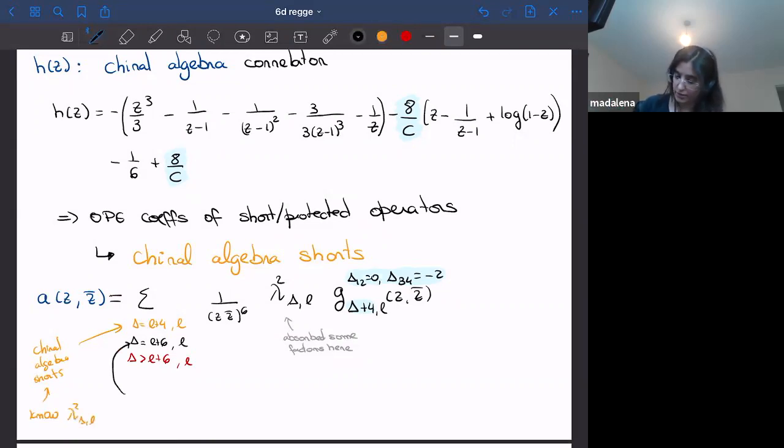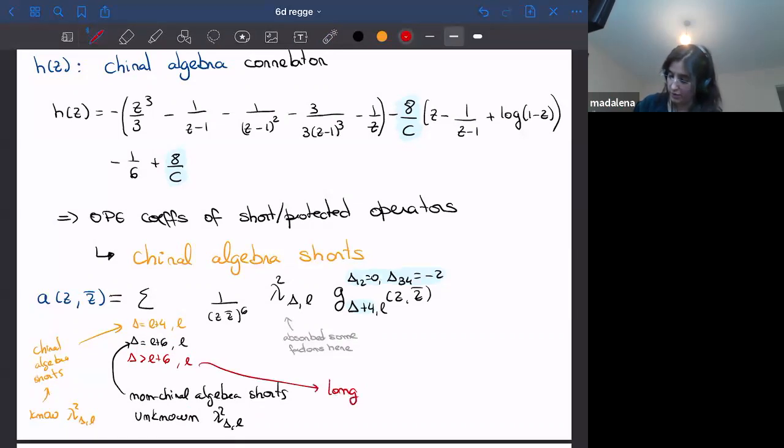Then there are other shorts that are non-chiral algebra shorts. And these guys have fixed dimensions, but unknown OPE coefficients. And finally, there are the long operators, which we know nothing about. So then delta and lambda squared are unknown.